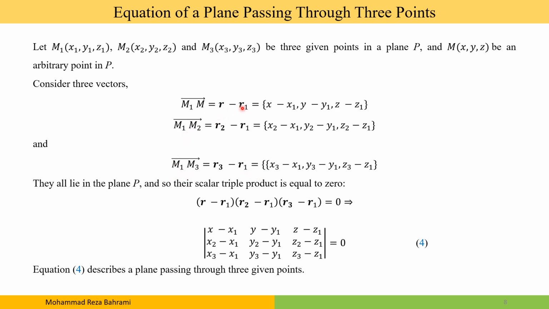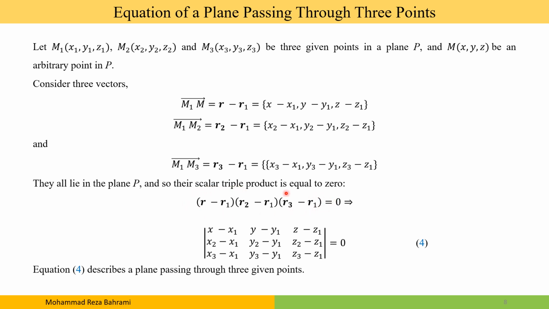Simply, it's r minus r1, r2 minus r1, r3 minus r1. We know that these are 3 vectors, all of them lie in the plane P. So you know from the scalar triple product that their scalar triple product should be 0.